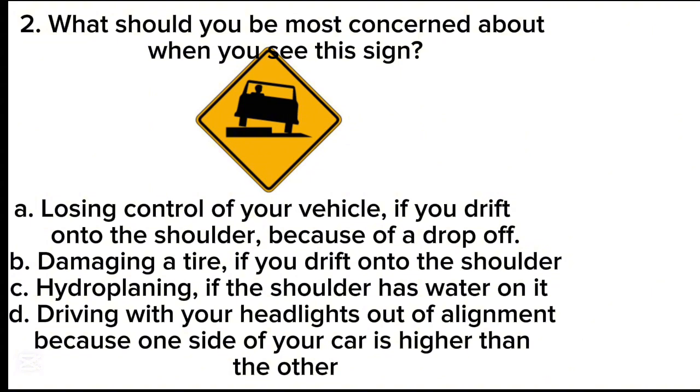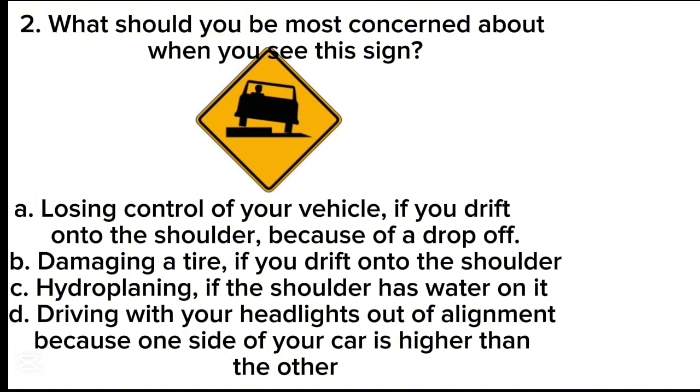Is it A. Losing control of your vehicle if you drift off onto the shoulder because of a drop-off? Or is B. Damaging a tire if you drift onto the shoulder? Is it C. Hydroplaning if the shoulder has water on it? Or is D. Driving with your headlight out of alignment because one side of your car is higher than the other?